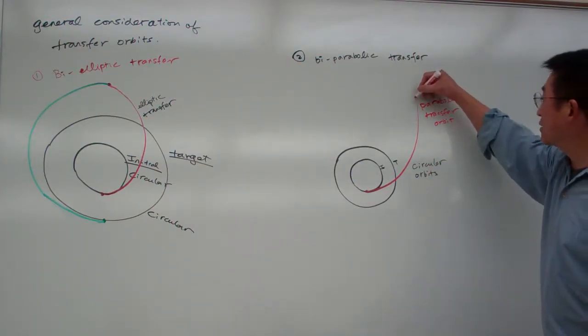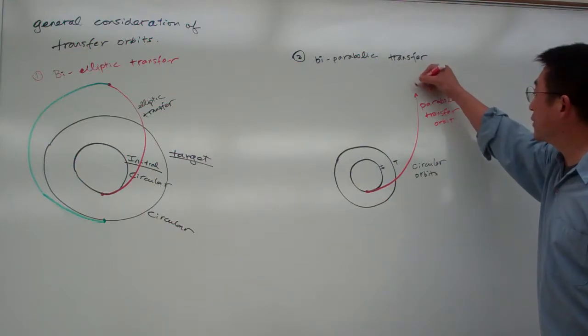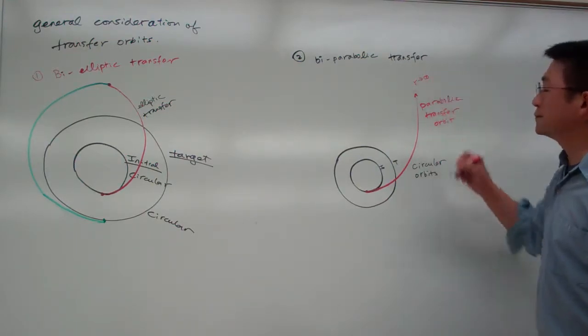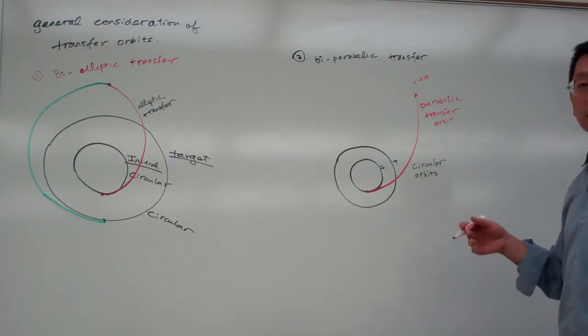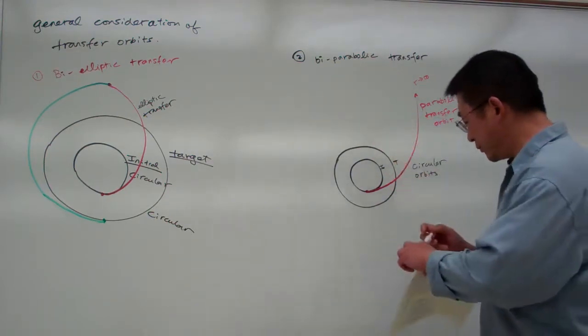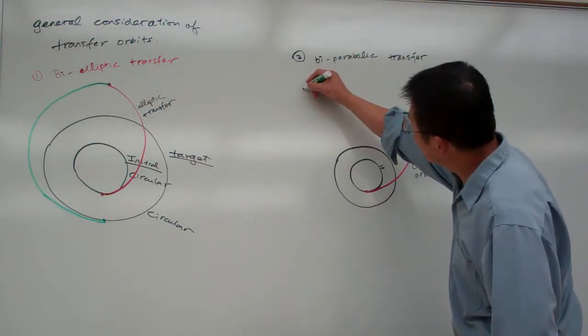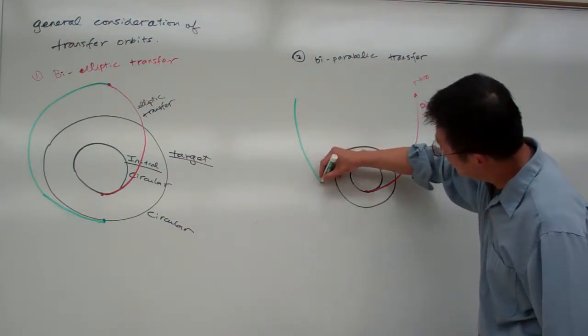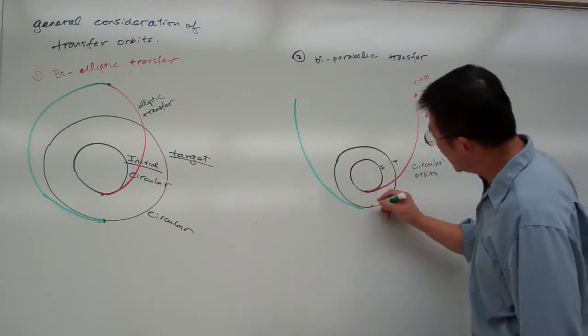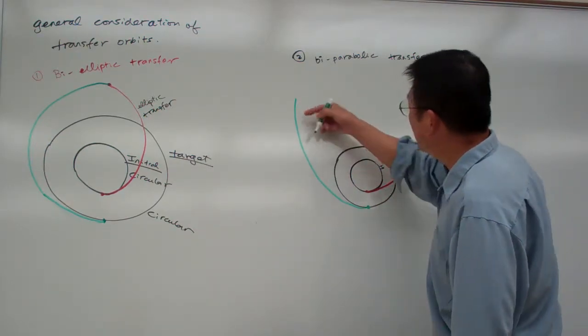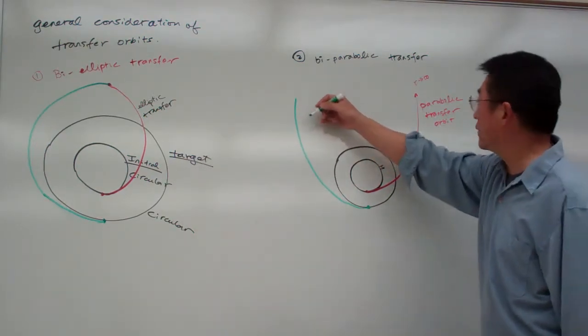So this one is going in a certain direction to infinity, deep space, and then from there we bring it back. This is theoretical. In practice, we won't be able to do this.